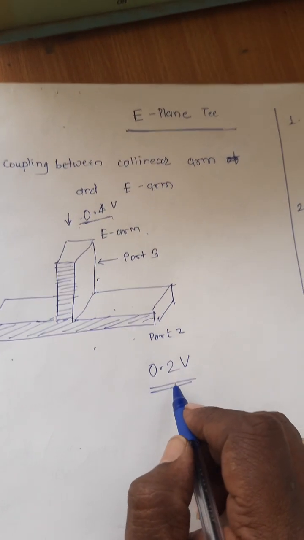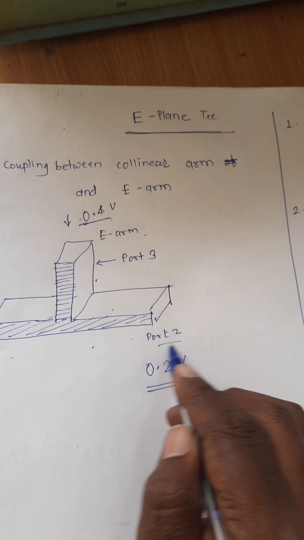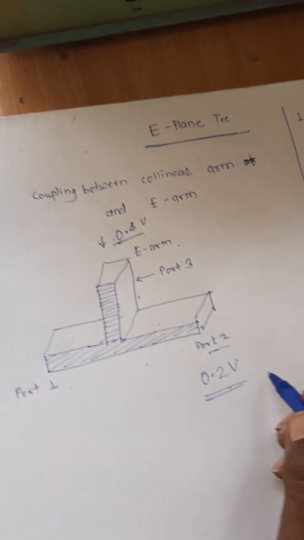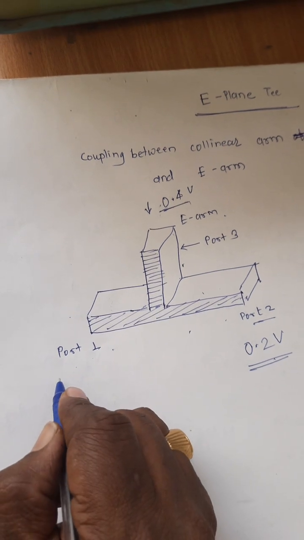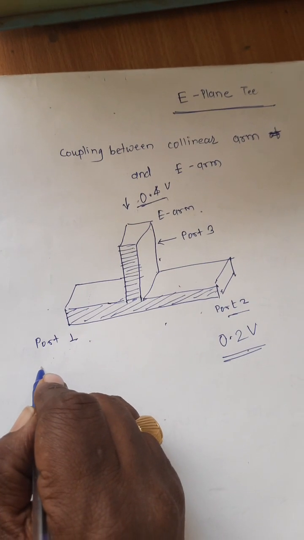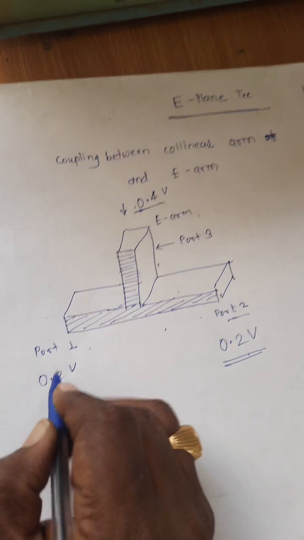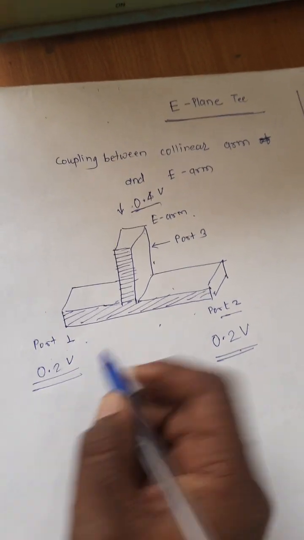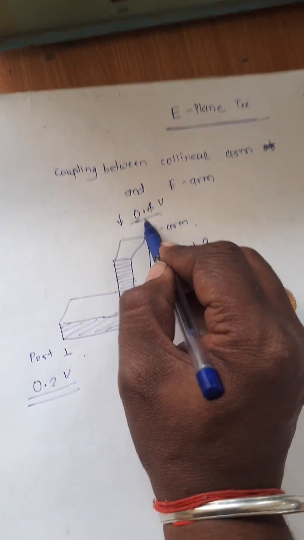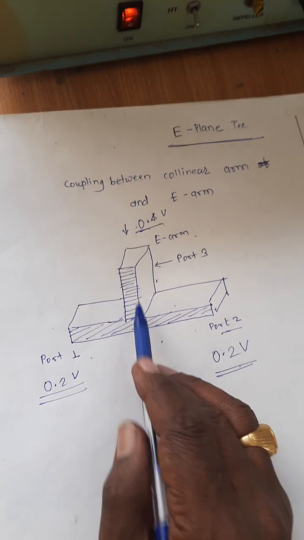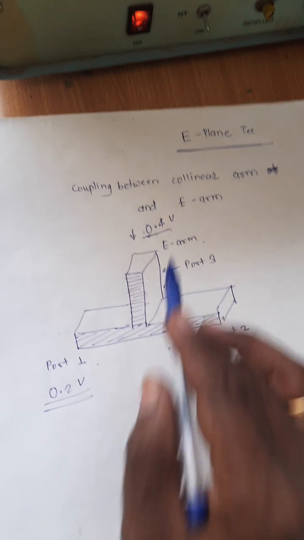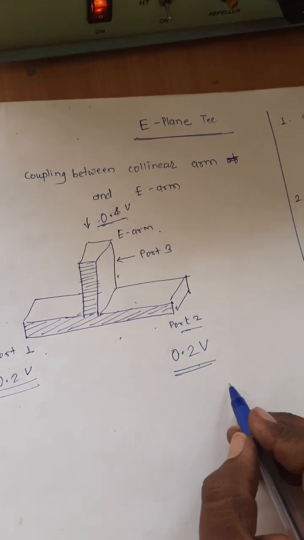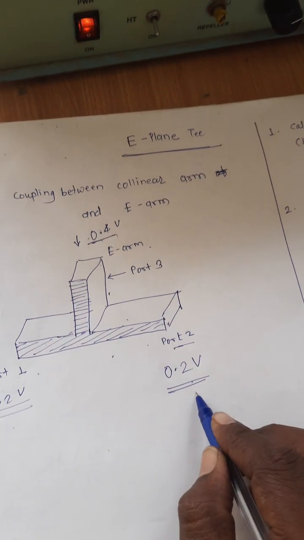In our initial procedure we measured the output at port 2, which is 0.2 volt. Currently we have measured the output at port 1, which is also 0.2 volt. Whatever input is given to the E arm gets equally divided in magnitude: 0.4 is given, and we observe 0.2 volt at one port and 0.2 volt at the other port.